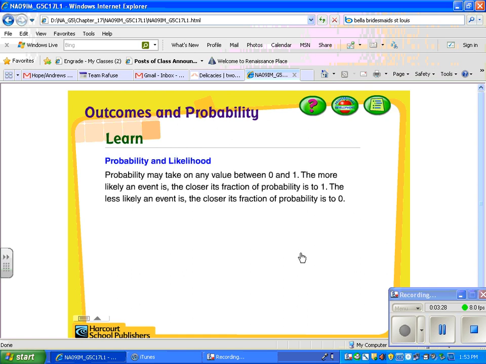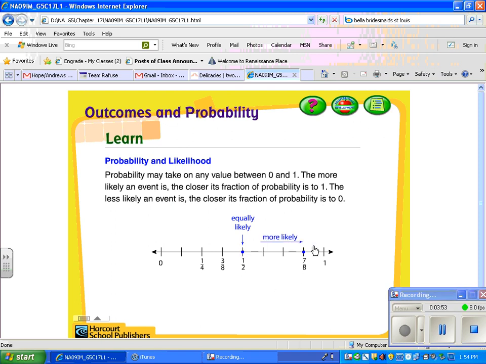Probability may take on any value between 0 and 1. The more likely an event is, the closer its fraction of probability is to 1. The less likely an event is, the closer its fraction of probability is to 0. Here's a number line. So if you have a ratio that's equivalent to or is actually 1/2, that means that your odds are equally likely.